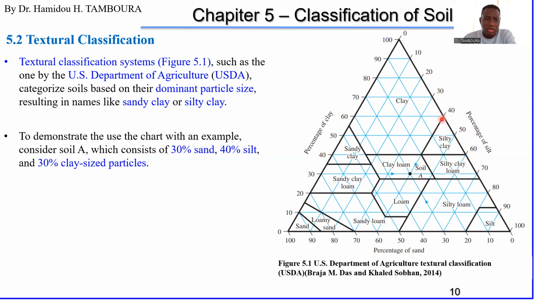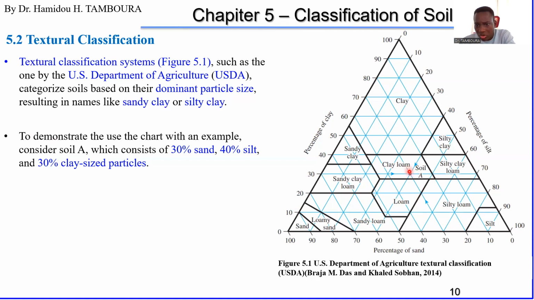Okay. And last one is clay size particle. So 30%. Okay. Clay percentage is here. So same as previous, the previous two sand and silt, start from 0. Okay. 0. So this line, you need to be going parallel to this line. And you search for 30%. 30 is here, and you have to be parallel to this line. So as you can see, the three arrows will meet here. They are meeting here.